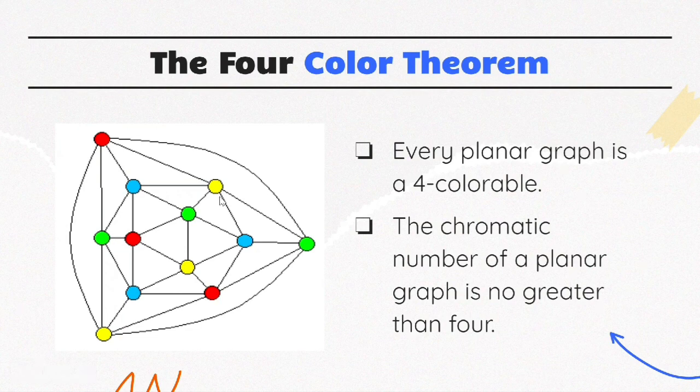As I said, class, two adjacent vertices connected by a line segment or edge must be of different colors. So the 4-color theorem says the chromatic number of a planar graph is no greater than 4.